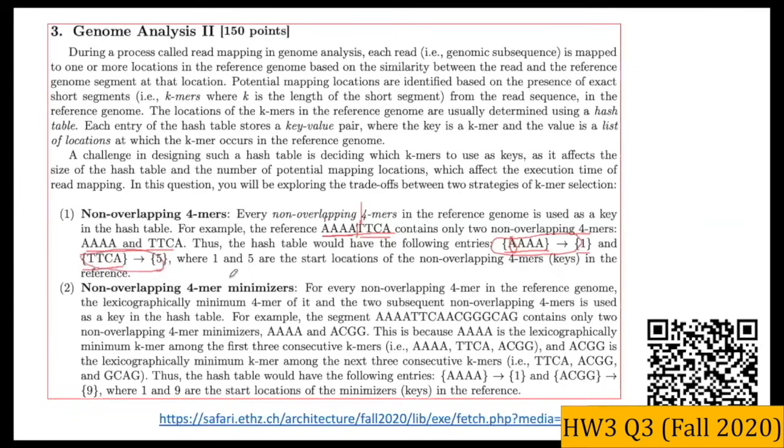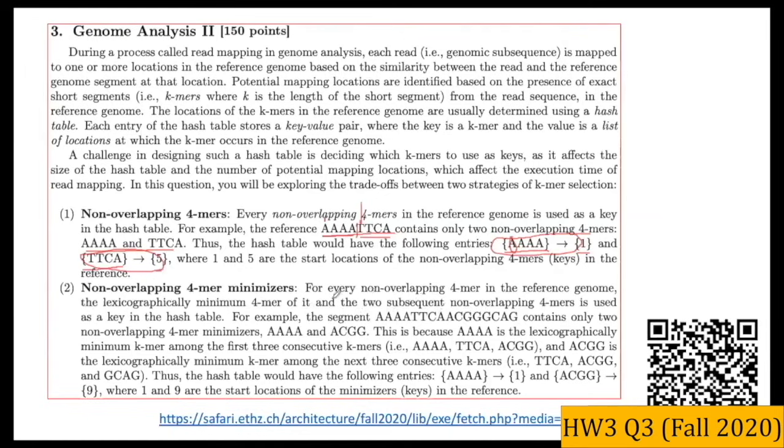I hope it's clear for the first method. Now, the second method, we call it non-overlapping k-mer minimizers. It's the same method, but we try to minimize the number of seeds we extract. Now I'll explain in more detail. For every non-overlapping k-mer in the reference genome, the lexicographically minimum k-mer of it and the 2 subsequent non-overlapping k-mers is used as a key in the hash table.